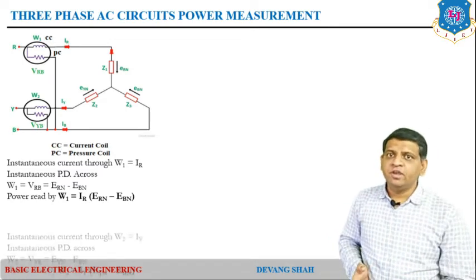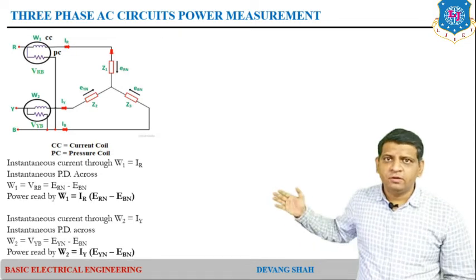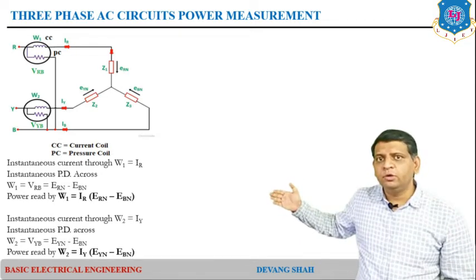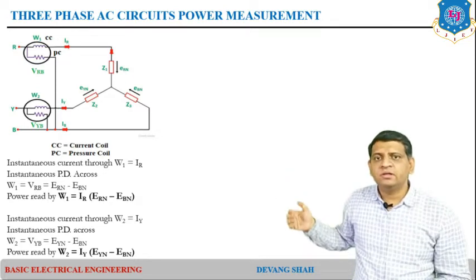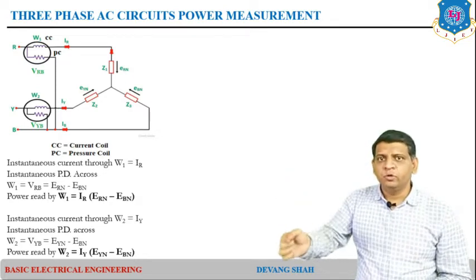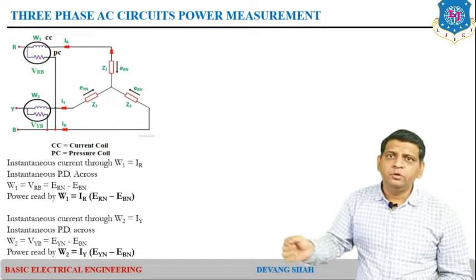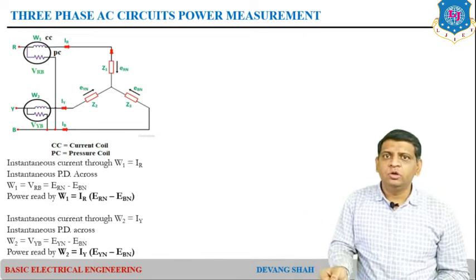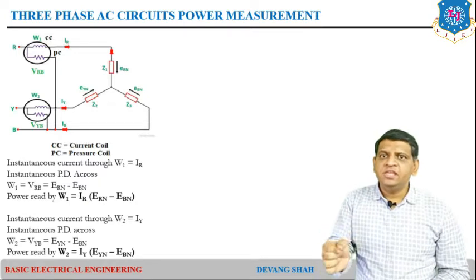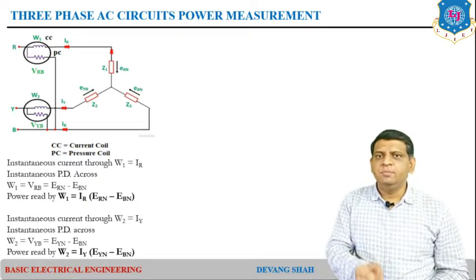Same way for W2, the current passing through is IY and the voltage drop is VYB. So W2 is equal to IY into VYB, which is equal to IY into (EYN minus EBN).